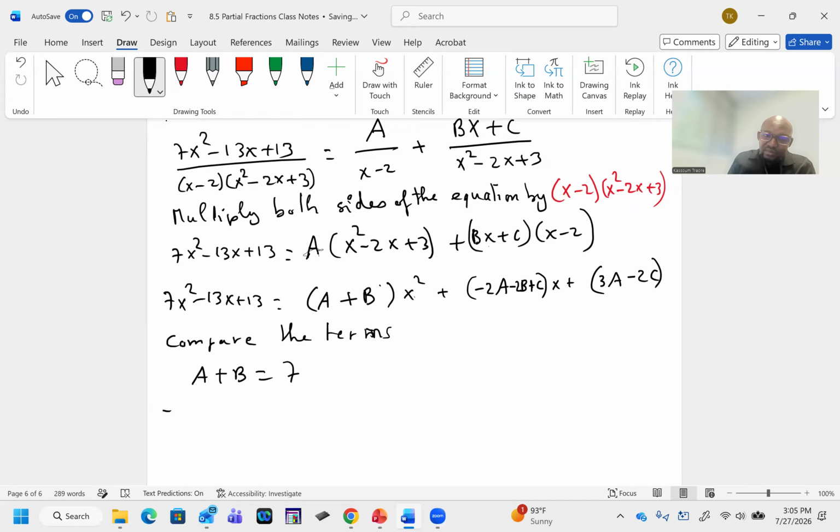Negative 2a minus 2b plus c should be equal to negative 13, and positive 3a minus 2c should be equal to 13 as well.